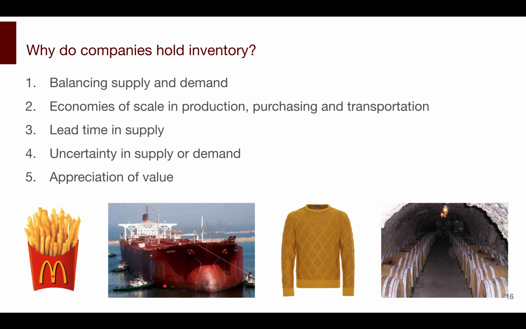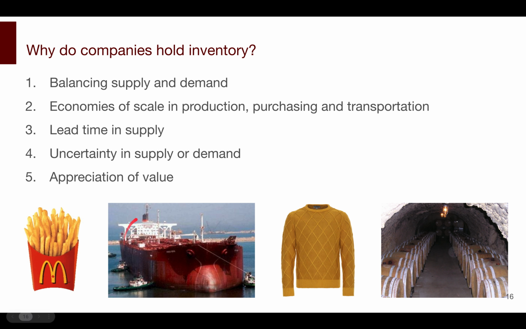Here's a picture. The second reason is about economies of scale in production, purchasing, and transportation. So if you think about a very large crude carrier, which is shown here, or this might be an ultra large crude carrier, it can hold 200,000 barrels of oil or something like that.